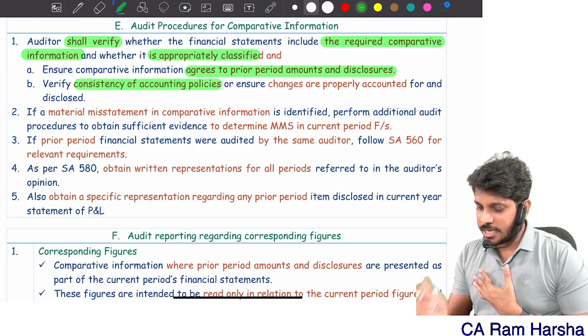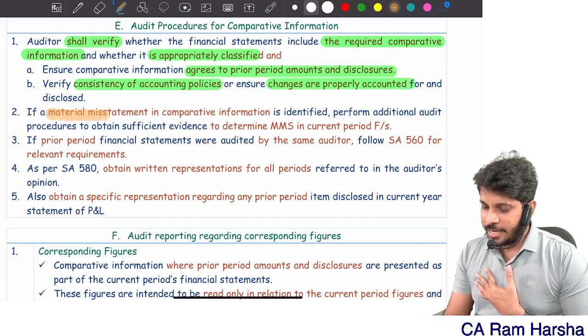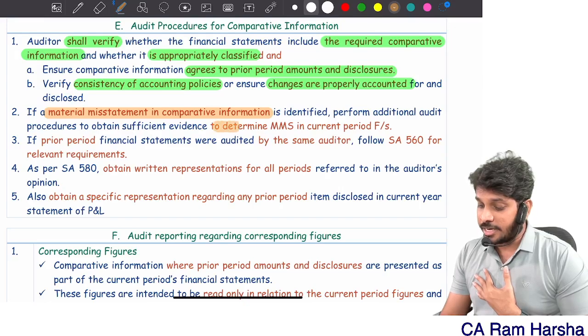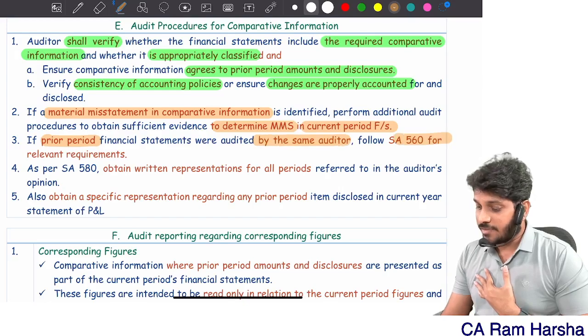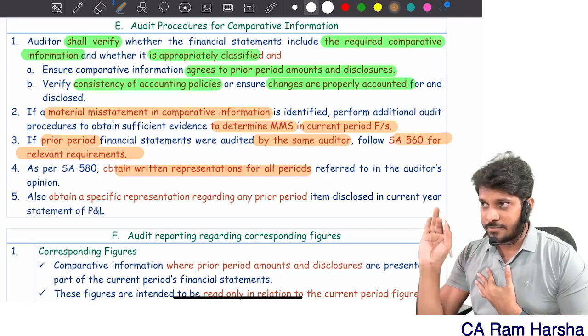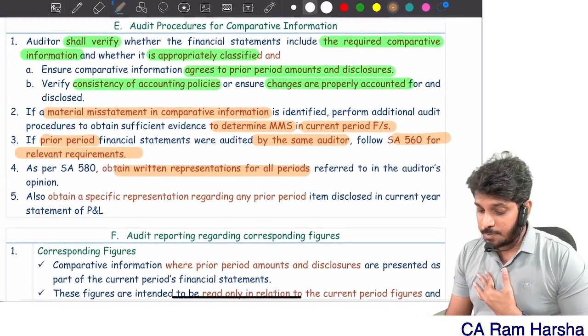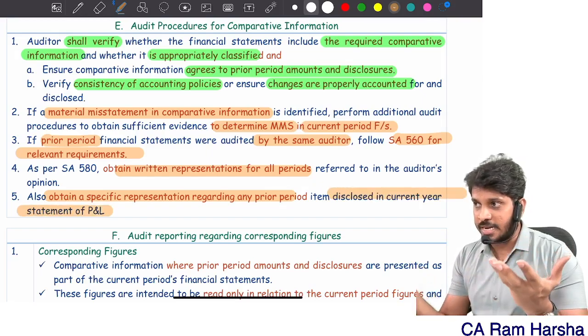Verify consistency of accounting policies and that changes are appropriately accounted for. Check for material misstatement in comparative information. Determine the material misstatement in the current period. If the prior period was audited by the same auditor, then the 560 requirement applies. Obtain written representation for all periods referred to in the financial statements. Obtain a specific representation regarding any prior period item disclosed in the current period P&L account.